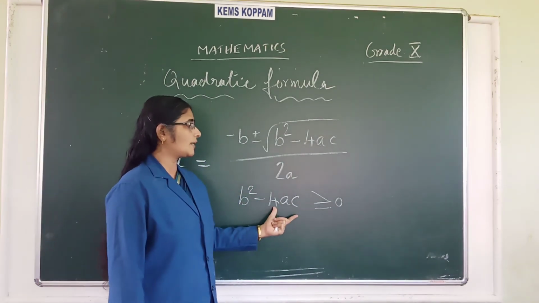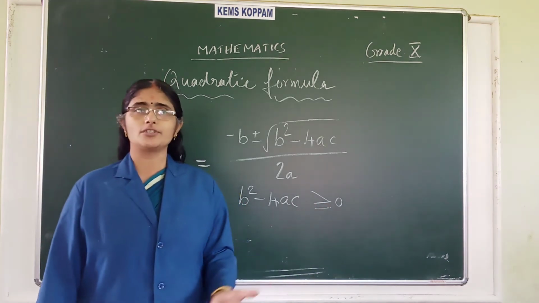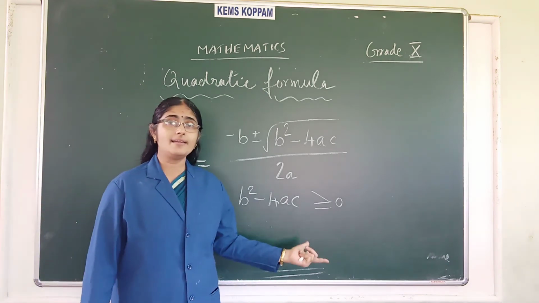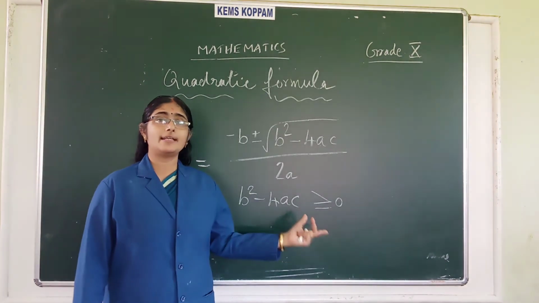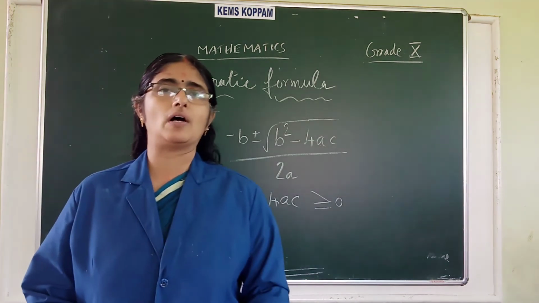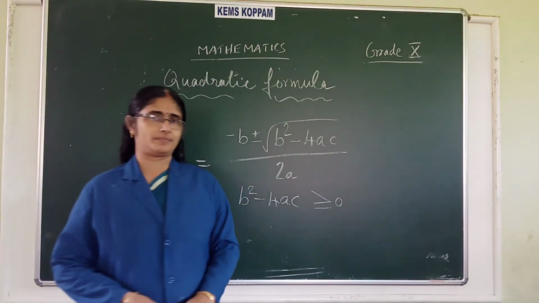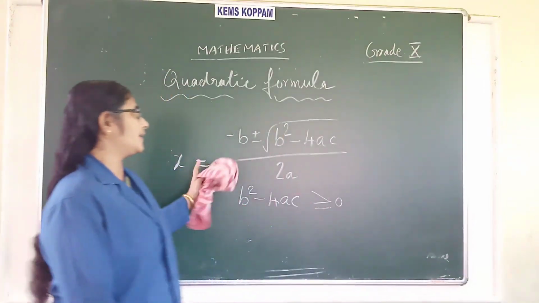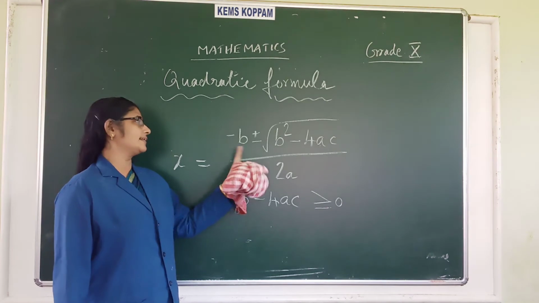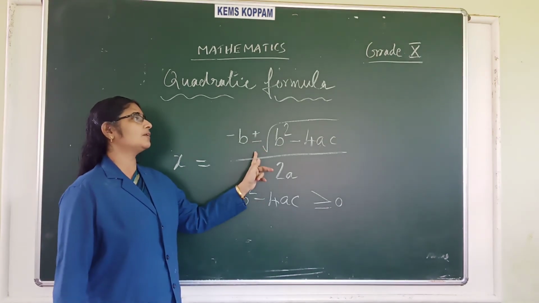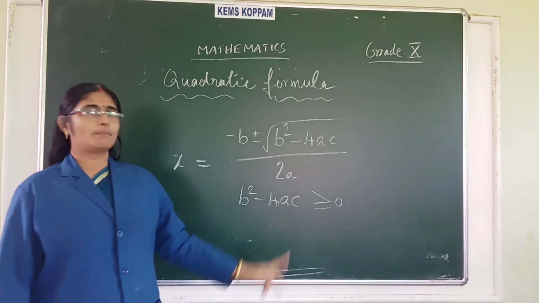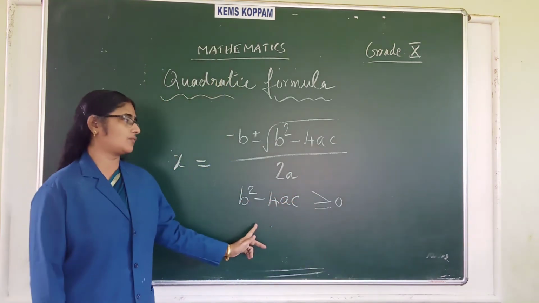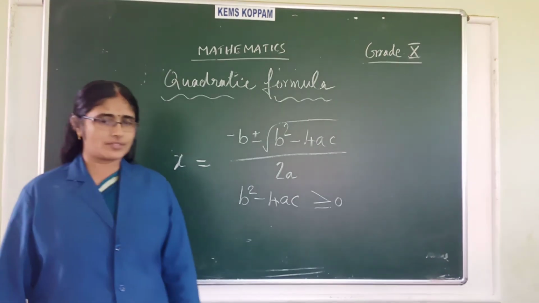If b square minus 4ac is greater than or equal to 0, then the roots of the equation are real numbers. So first learn the formula by heart: x equals negative b plus or minus root of b square minus 4ac, divided by 2a. That is the quadratic formula we want to use.